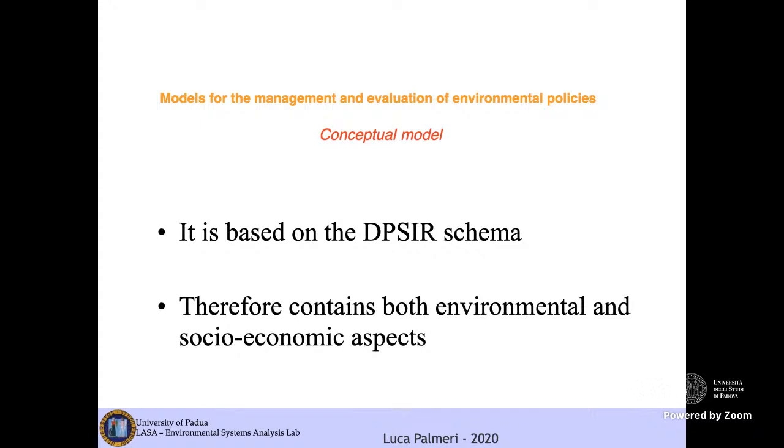So this conceptual model includes all aspects that are of environmental nature, for example, environmental risk or biodiversity, or risk of pollution, or risk of habitat loss, and so on, but also socioeconomic aspects. So in the DPSIR schema, you include also aspects related to the efficiency of a human community system in terms of economical benefits.